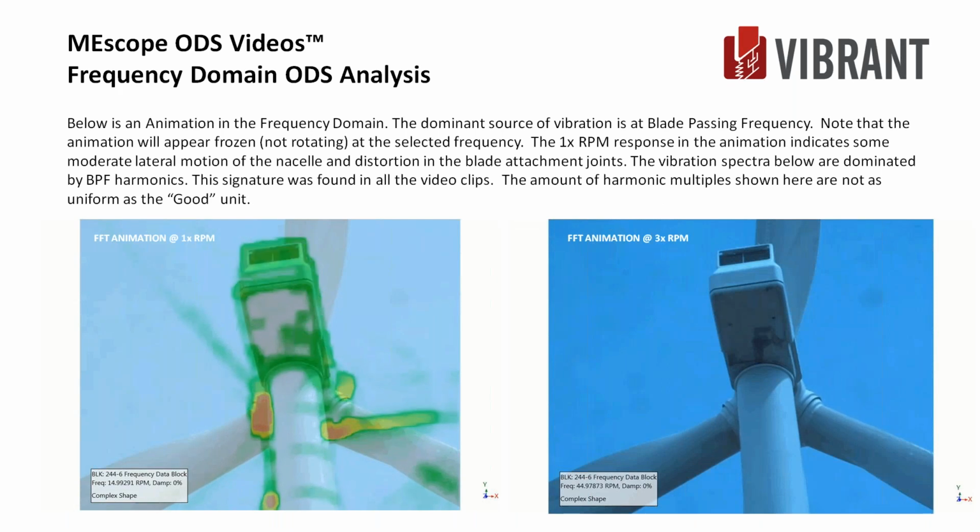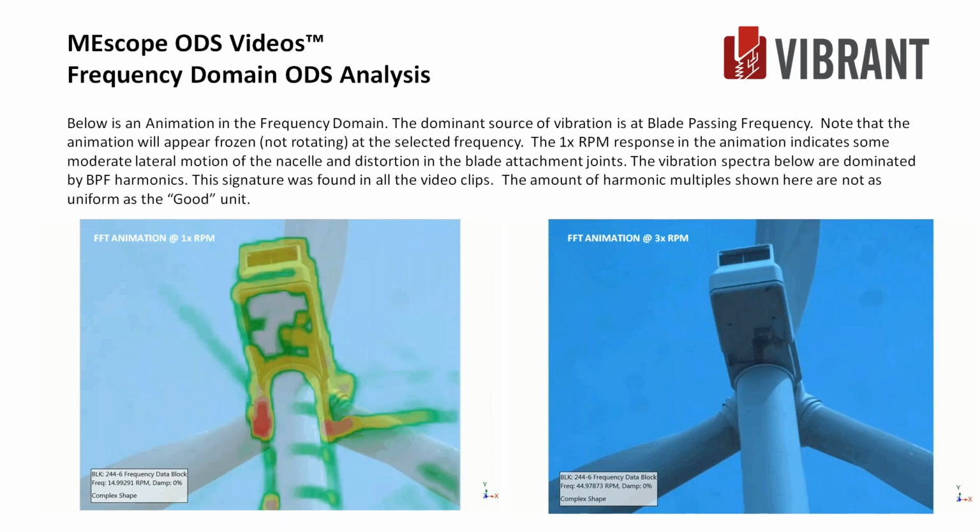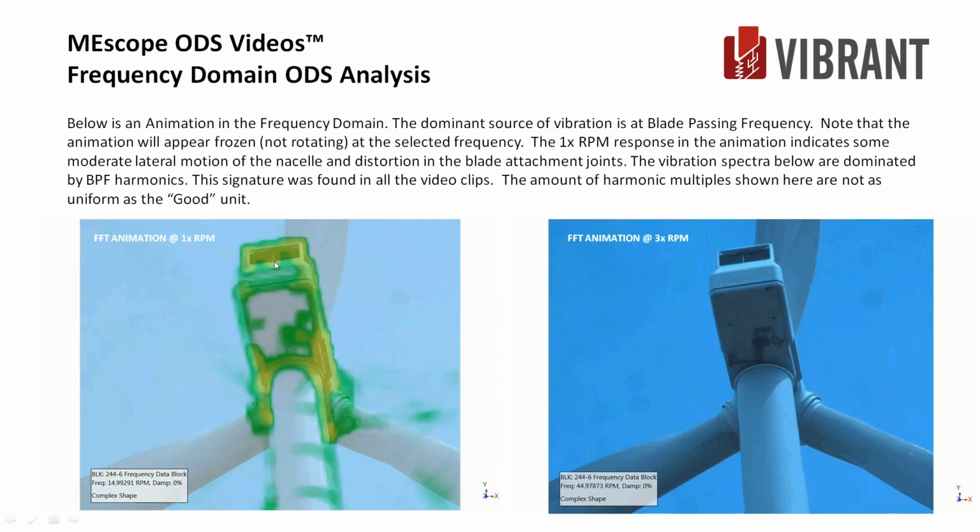This is a color contour of the nacelle on one of the units at 1 times RPM, and the other one's at 3 times RPM that's not colored in. But this shows putting your cursor on 15 RPM and the blades pretty much stand still, but the nacelle is pitching.